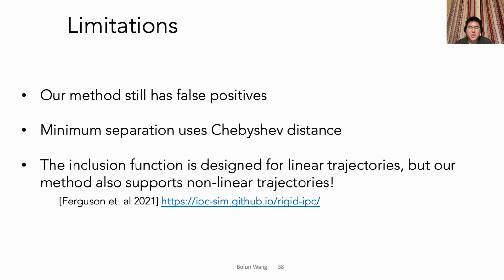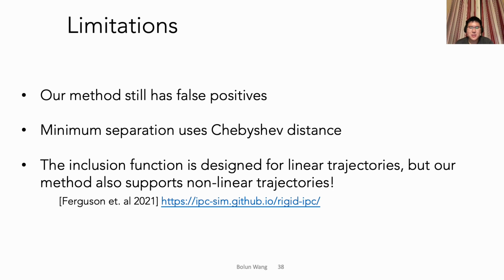There are a few limitations in our method. First, as a conservative method, our algorithm still has false positives. It will be interesting to see if our method can detect collisions exactly. Second, our minimal separation is defined using Chebyshev distance instead of Euclidean distance, which is more commonly used.